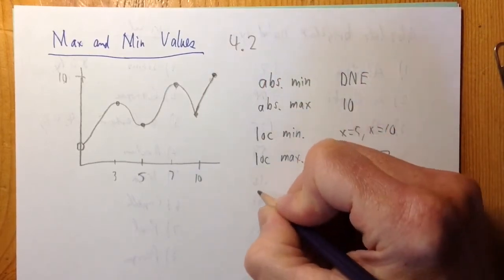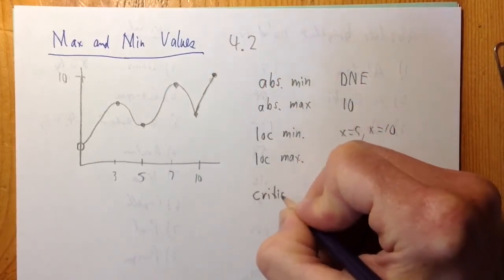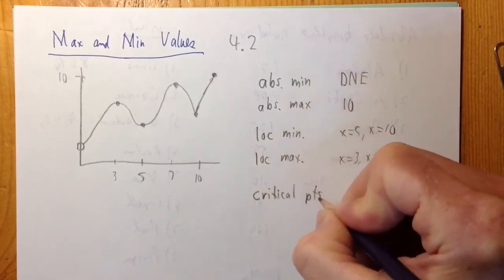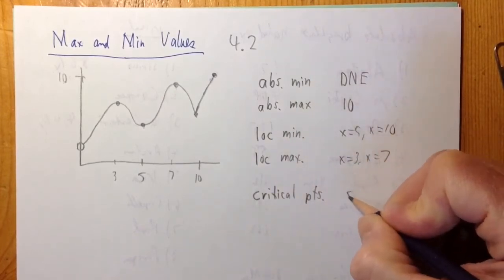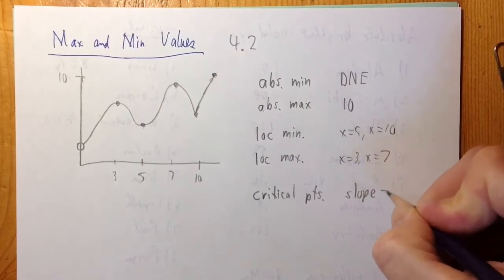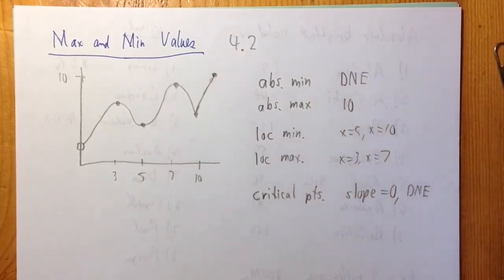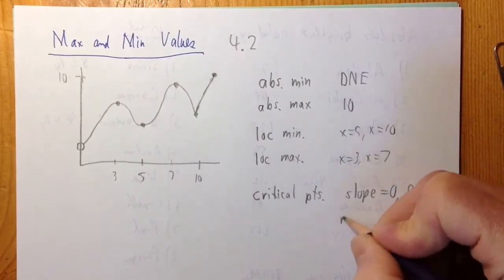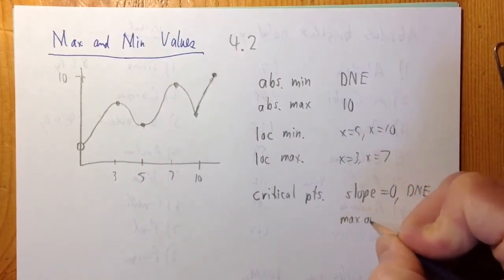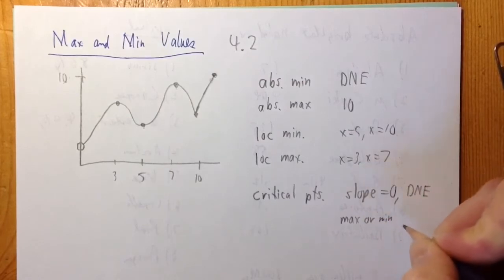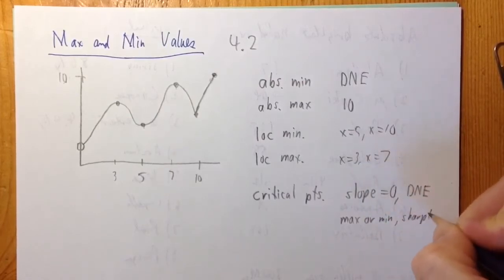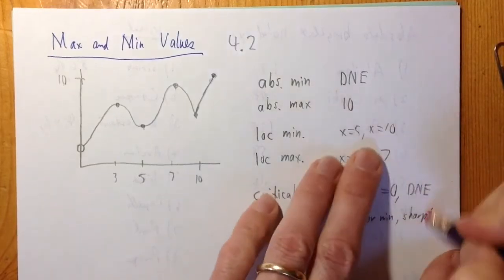Okay, then there are things called critical points. Critical points are when the slope is 0 or doesn't exist, which means it's a max or min, or a sharp point.